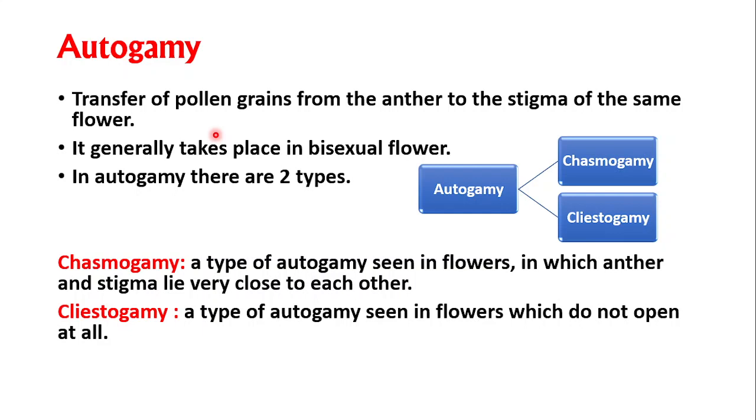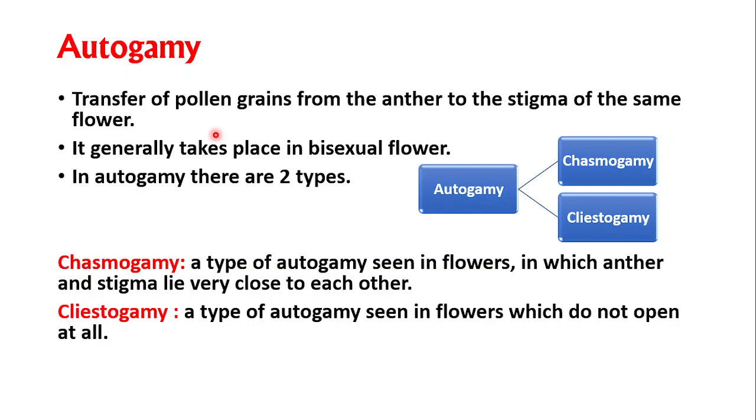And you remember that unisexual flowers also occur. Unisexual means they have either the male reproductive part or the female reproductive part, either stamens or pistils.